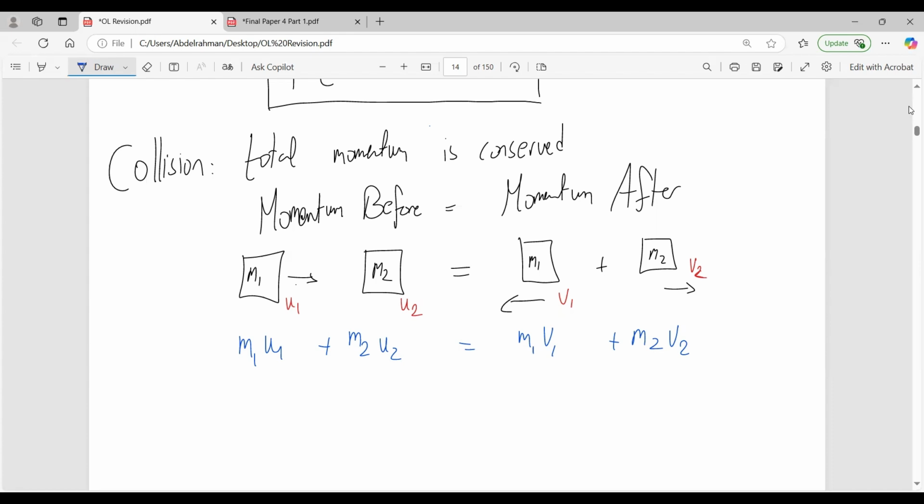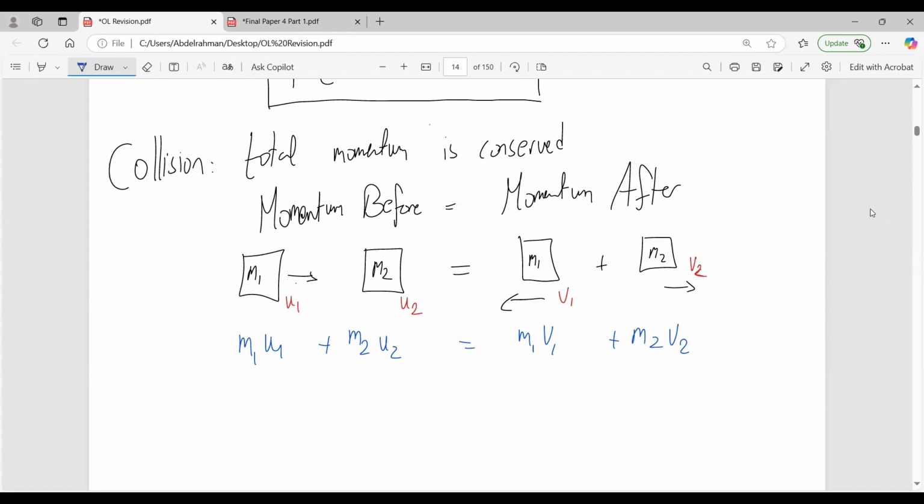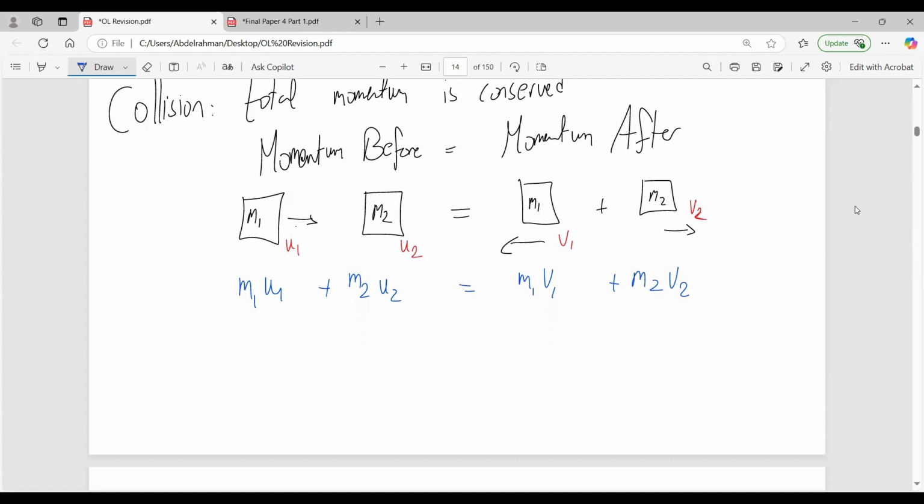There is a special case: when these two objects stick together. If they stick together after the collision, of course, not before the collision, this means that they have the same velocity.